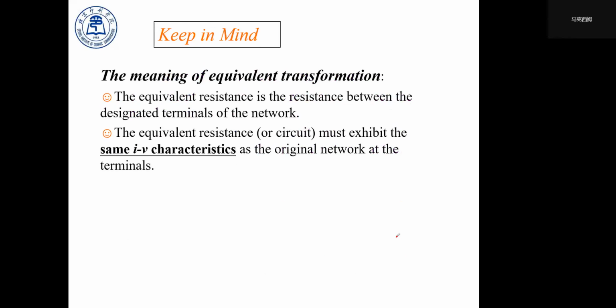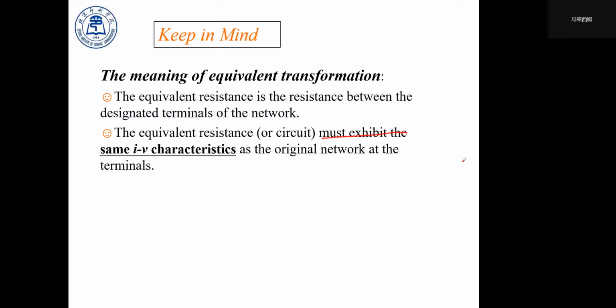So we had better memorize the equivalent transformation of the parallel and series connection of resistors. But it's very simple, so you don't have to put a lot of energy into it. And the equivalent resistance must exhibit the same current-voltage characteristic curve as the original network, if you replace the complex network with a single equivalent resistance.